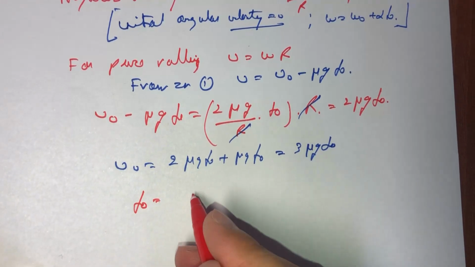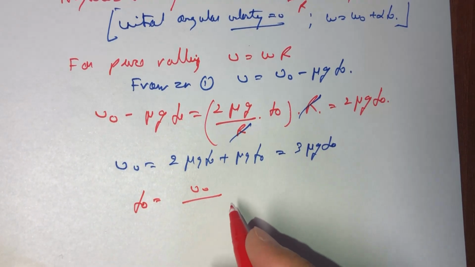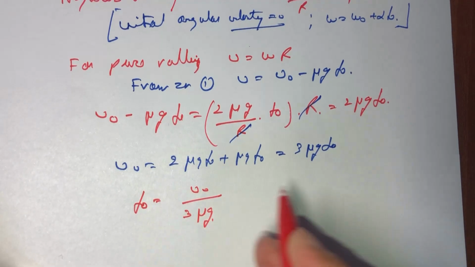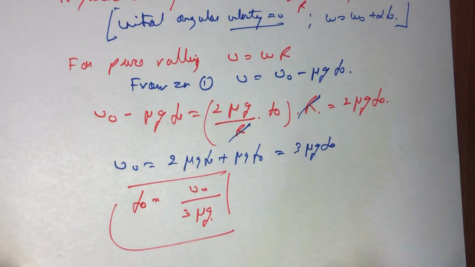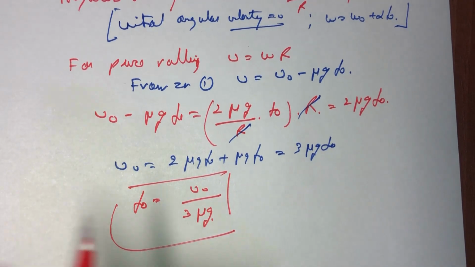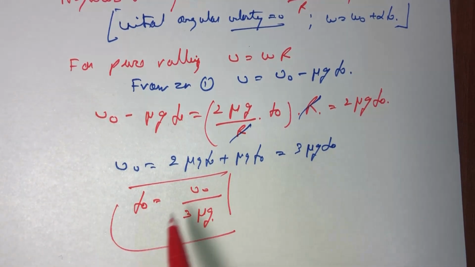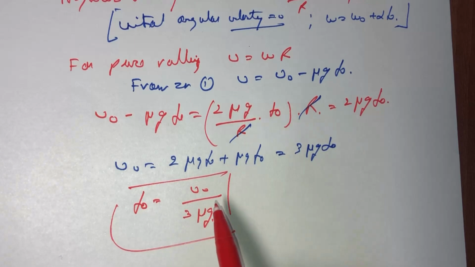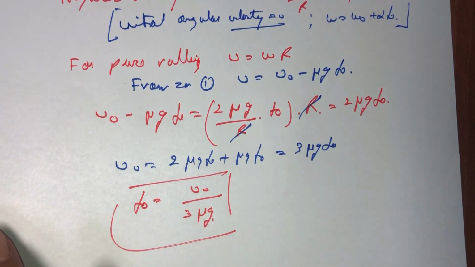T naught is equal to v naught divided by 3 mu g. So we found out the time t naught at which the pure rolling is going to start in terms of the initial velocity, that is v naught.